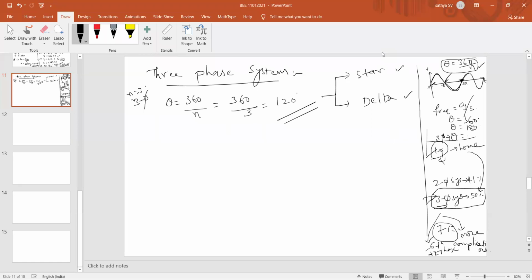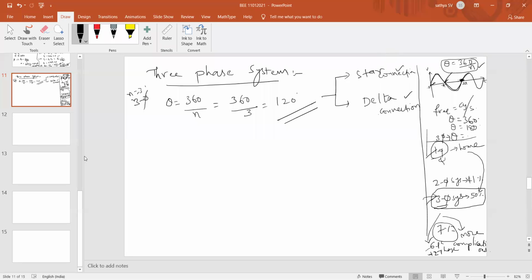Just remember the different connections available: star connection and delta connection. All three phases are connected in either star connection mode or delta connection mode.